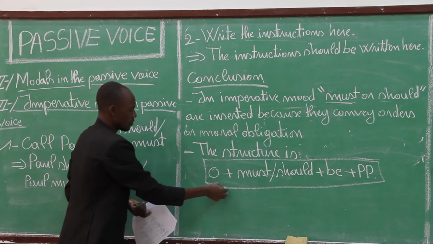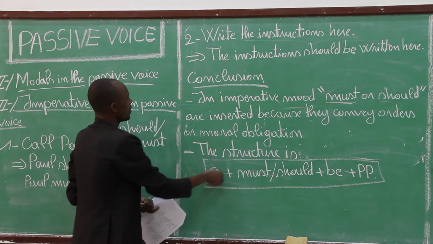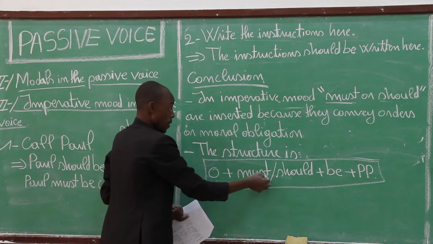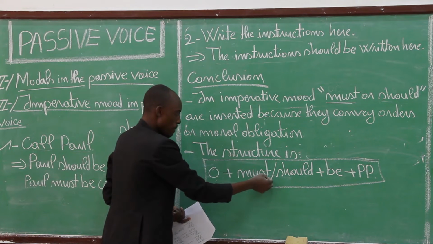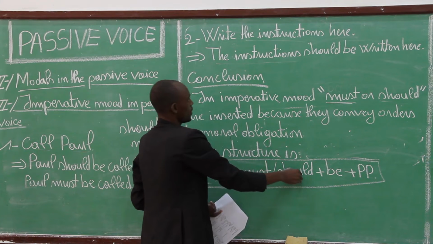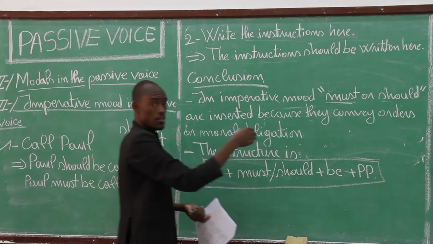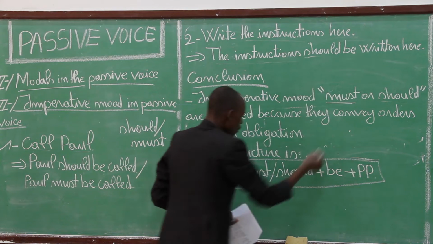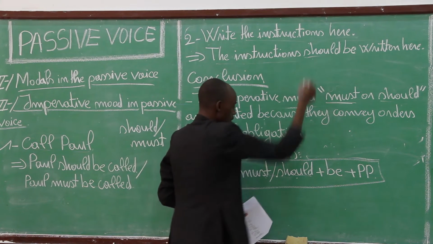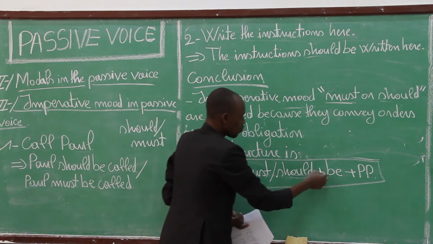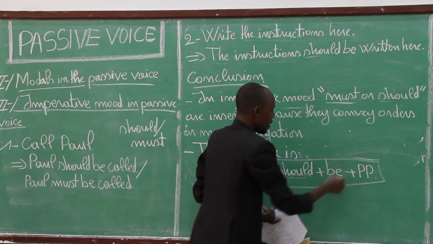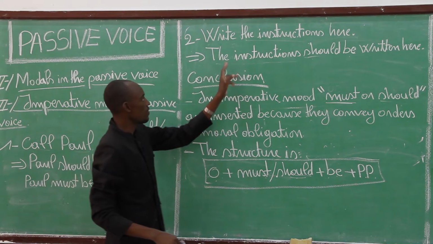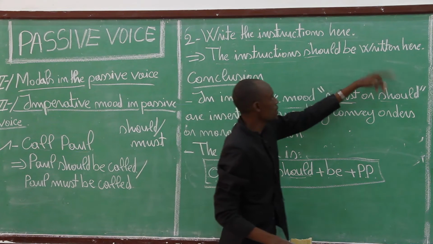As our structure says, after the object we must use must or should. It depends on you to make your choice. Then after should we have be, and after be we have the past participle of the verb. We have: the instruction should be written here.